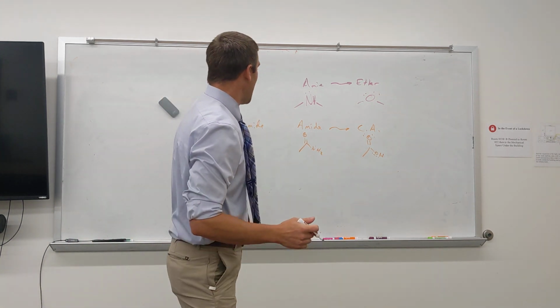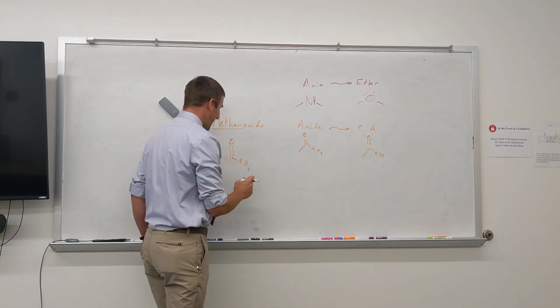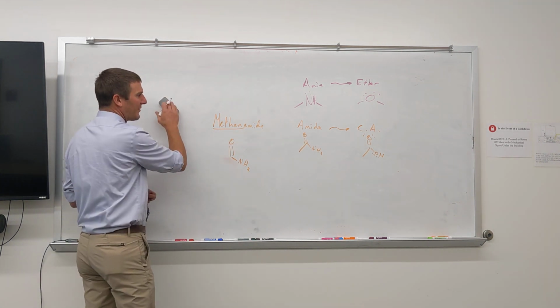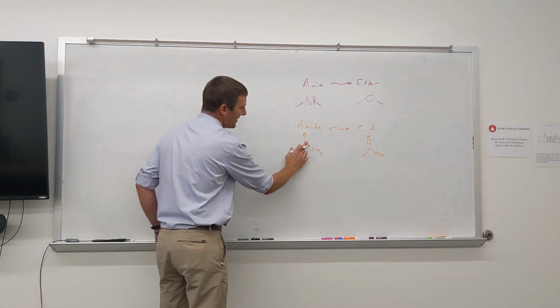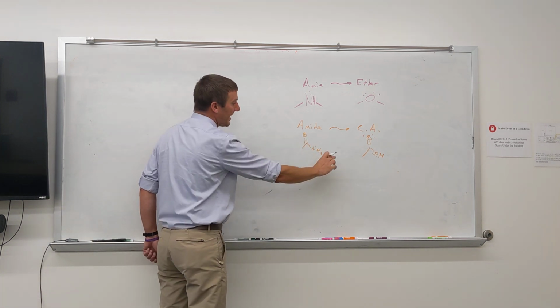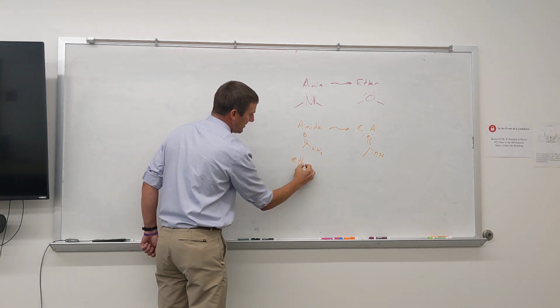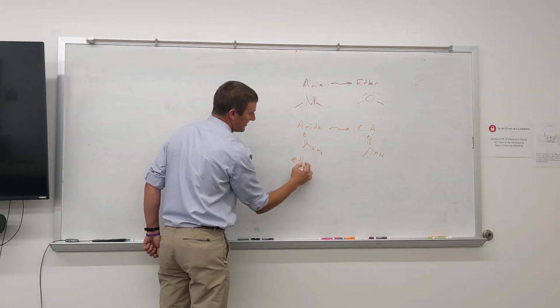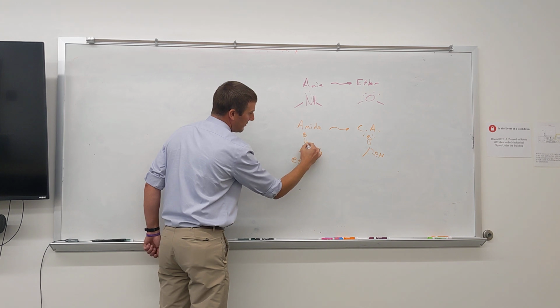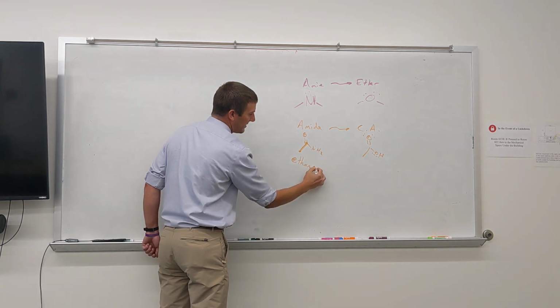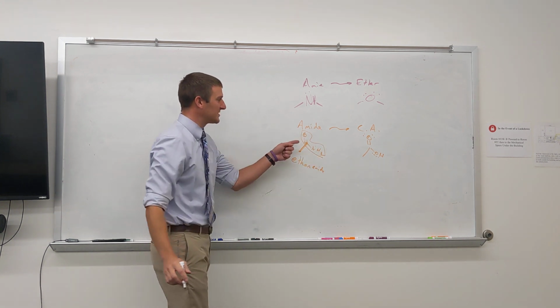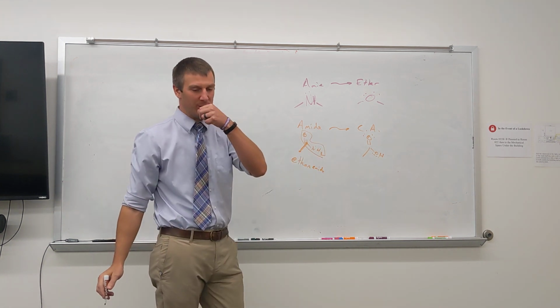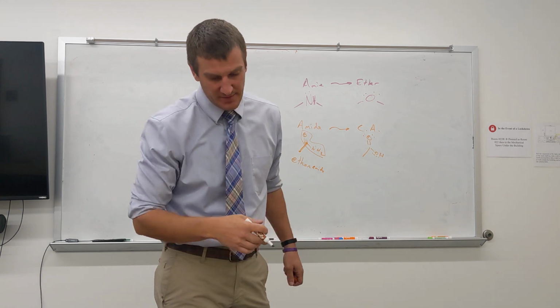Next up is ethanamide. I meant ethanamide, sorry. Ethane, 2 carbons, ethanamide. And what makes it an amide is that group, CONH2.